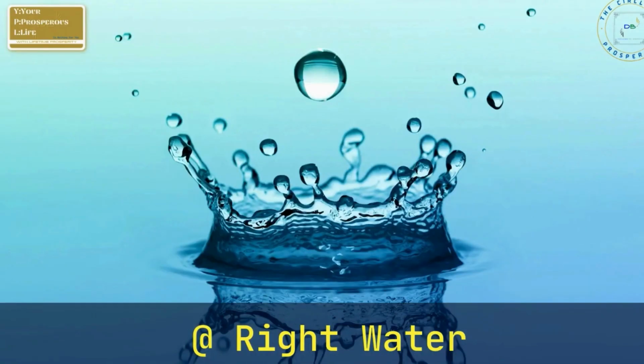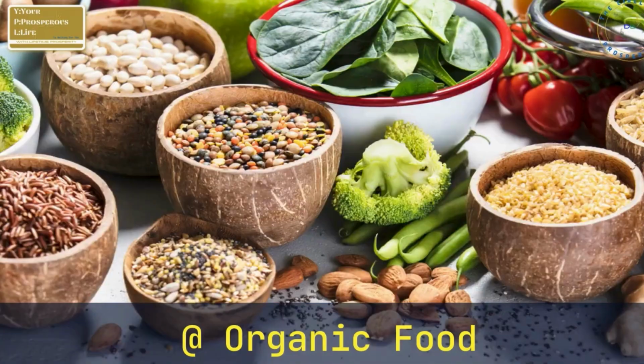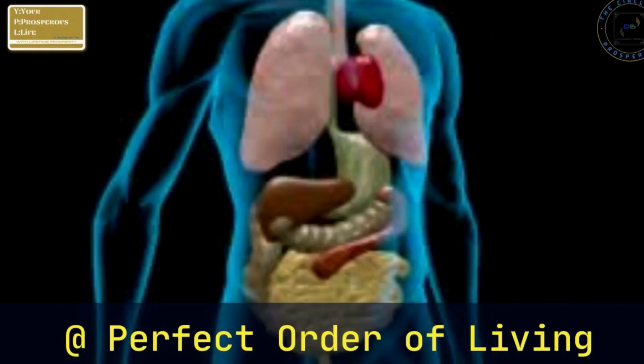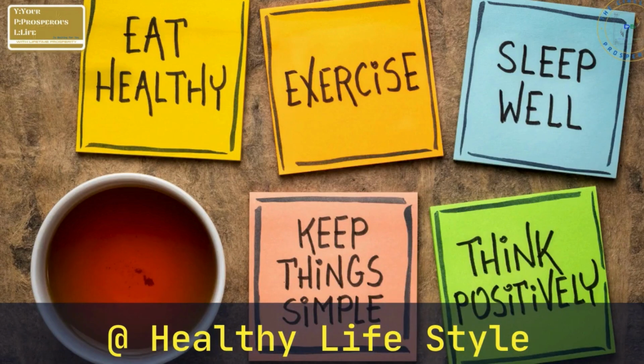So we have the right to the right water, the right balanced diet, the right organic food, so that you can develop a perfect order of living, and hence we can have a healthy lifestyle by eating healthy, doing exercises, sleeping well, keeping things simple, and also the most important, thinking positive.